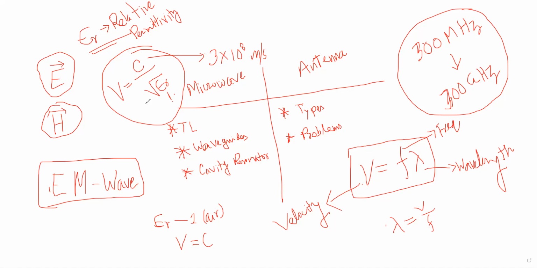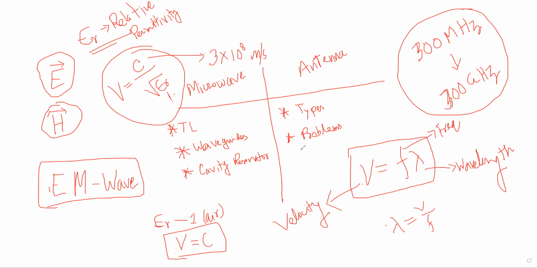In the air medium, epsilon r is equal to 1, so V is equal to C, but it would not be the same in wood, metal, or water.